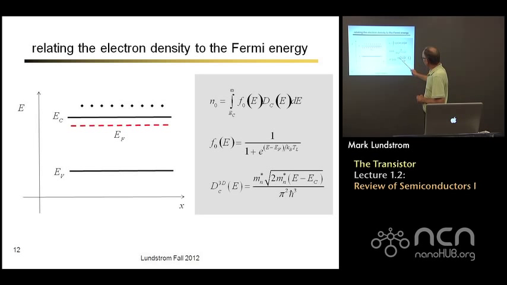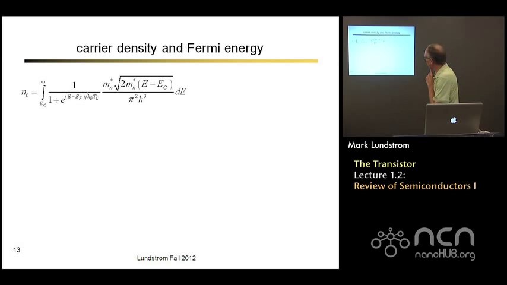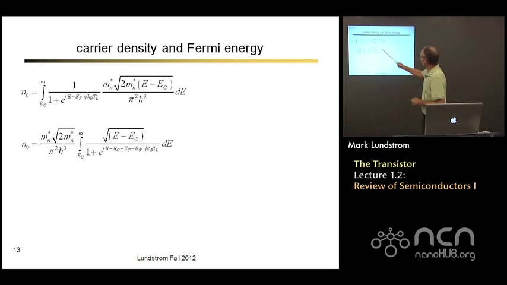Well, you just plug in our expressions for the Fermi function and for the densities of states, and we do the integration, and we can find an answer. So it takes a little bit of math. Let me do it quickly, and you'll see how that works on one of the homework problems for yourself. Here's the Fermi function, here's the density of states, this is the integral that we need to do. Okay, I'll move all of the constants out front, so I have an integral like this to do.